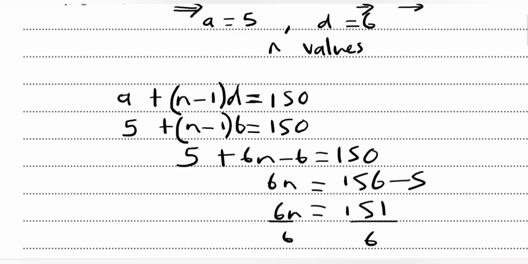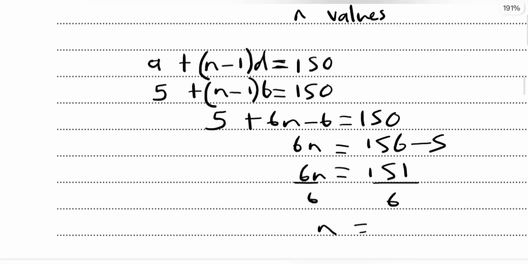And dividing both sides by 6, we get our n to be 151 over 6, 25.166, right?